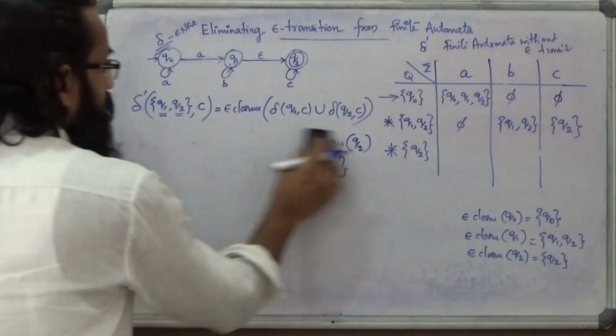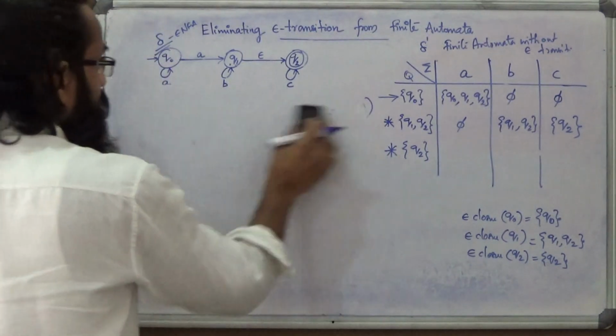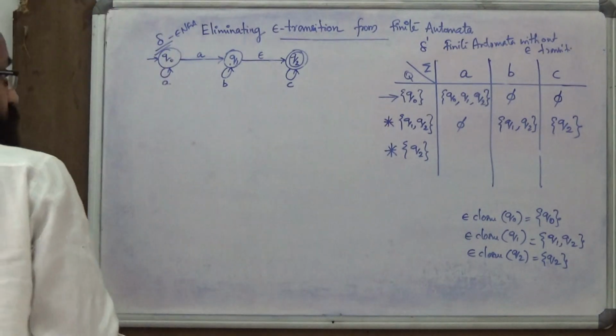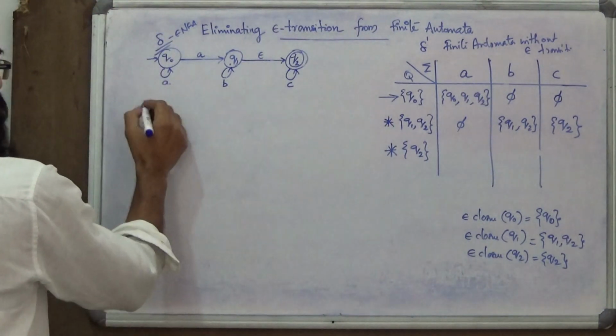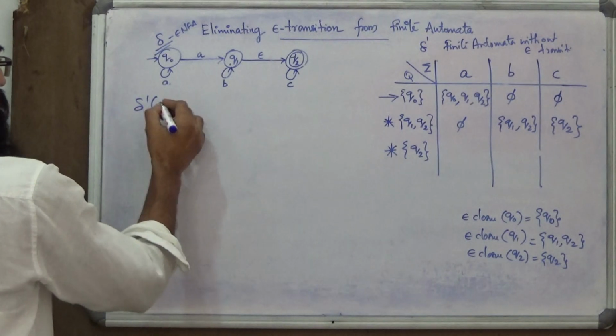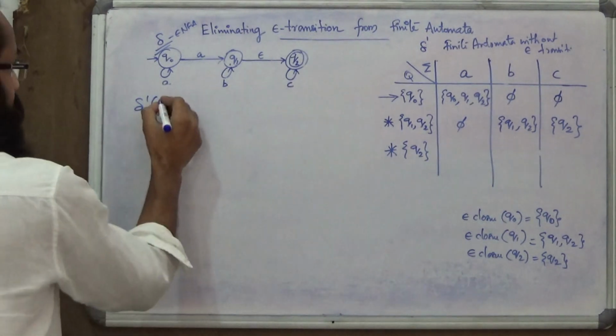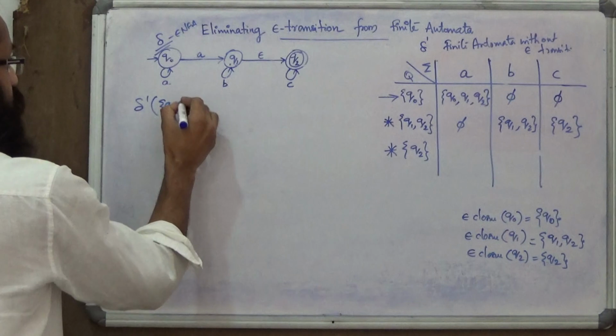Now you have to consider the third state in our finite automata without epsilon transition. Apply the transition function, that is delta dash Q2.